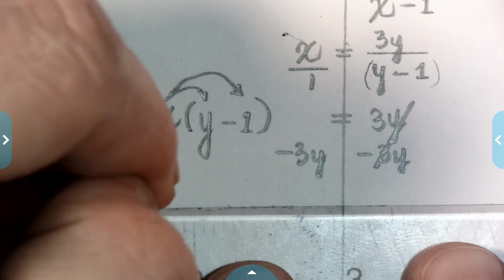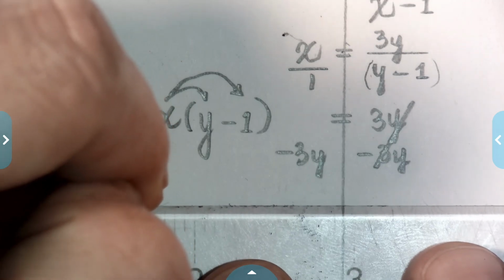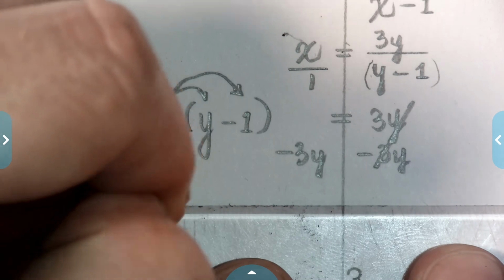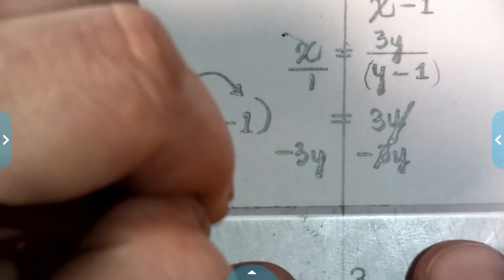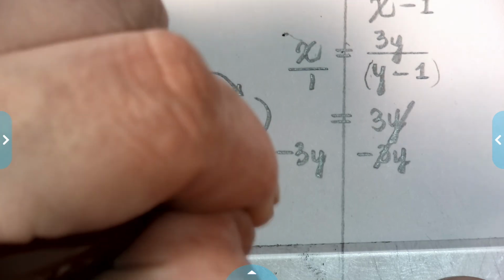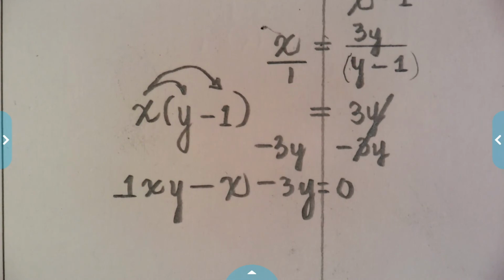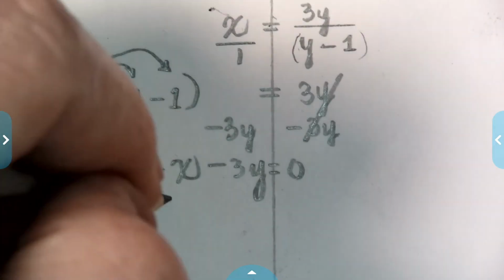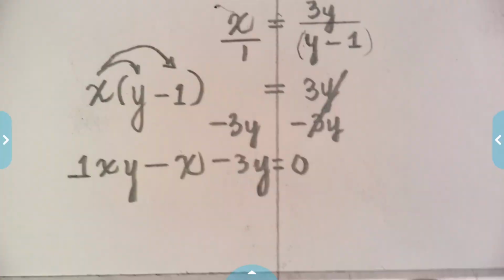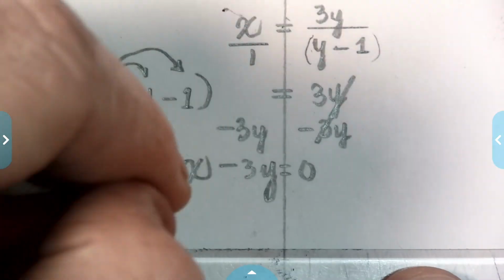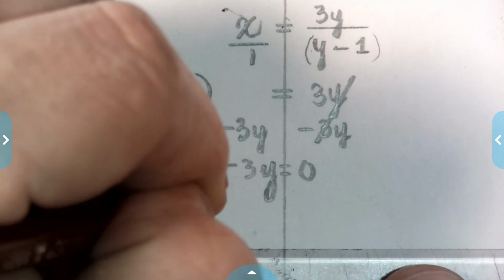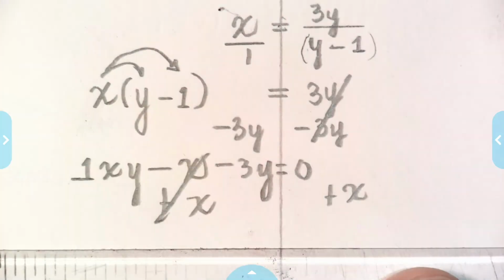So now I've got xy, so I'm going to make sure to put 1 xy minus x minus 3y equals 0. Well, right away I can make my life simpler by adding x to both sides, because I'm trying to get the x's on the right. So let's add x here, because that's just by itself. And at least I got one x out of the way.